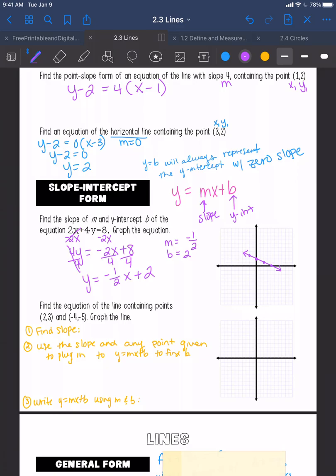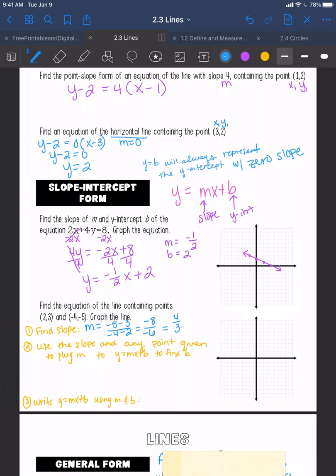So let's use the slope formula to find the slope. You're going to take -5 minus 3 over -4 minus 2. That's -8 over -6, which is positive 4/3. So the slope of the line is positive 4/3.